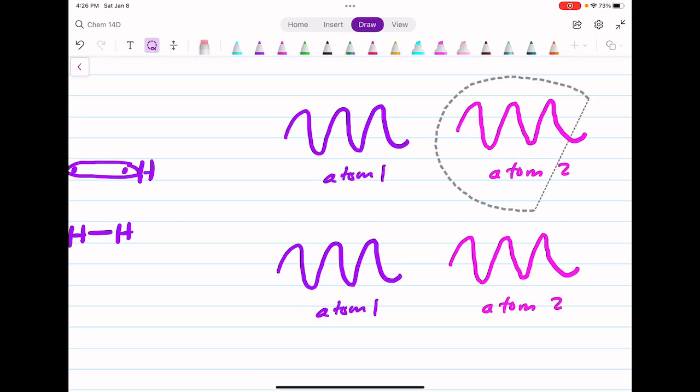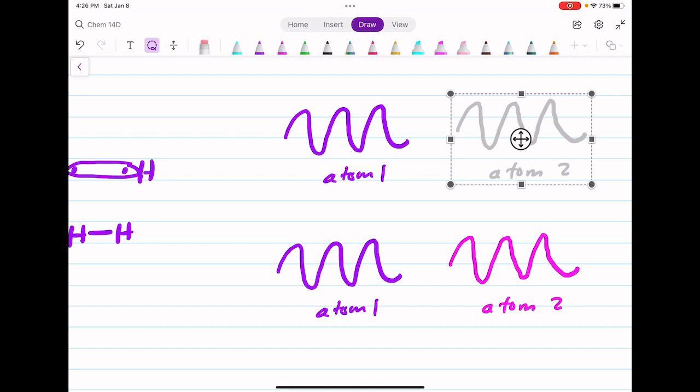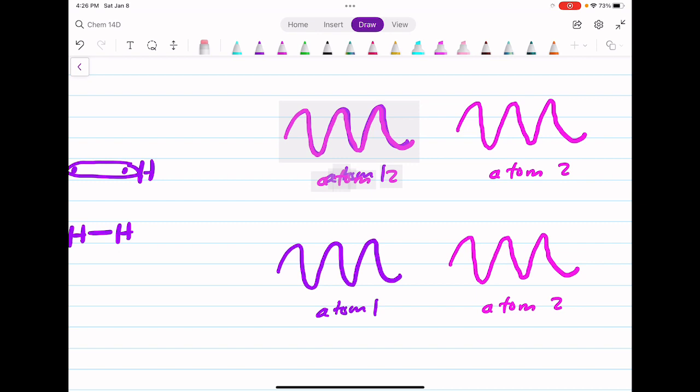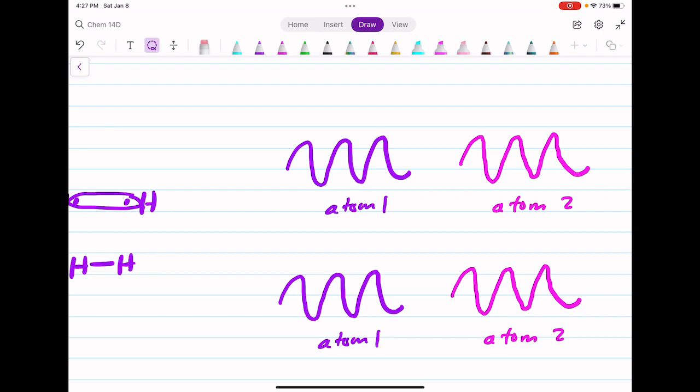So the in phase combination would basically mean that the wave functions have the same sign and that we are going to constructively interfere them. So the way you would have two waves overlap to give constructive interference would be to place them so that these peaks and valleys are at the exact same positions. So if mathematically I combine it by overlaying them like this, take these and combine them in phase.